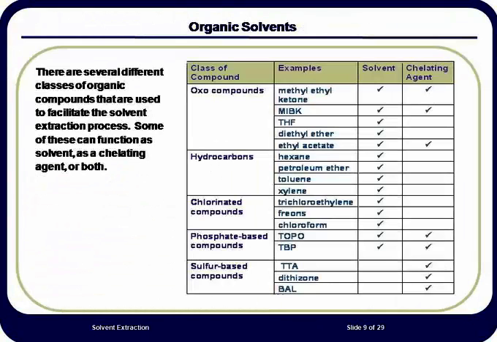The phosphate-based compounds TOPO and tributyl phosphate, TBP, are liquids at room temperature and can both be solvents and complexing agents, while the sulfur-based compounds, thenoyltrifluoroacetone, TTA, and diphenylthiocarbazone, dithizone, are solids, and 2,3-dimercaptopropanol, also called British anti-Lewisite, BAL, is an oily liquid. These sulfur-based compounds are only used in combination with solvents.